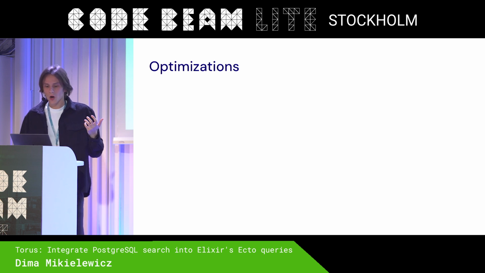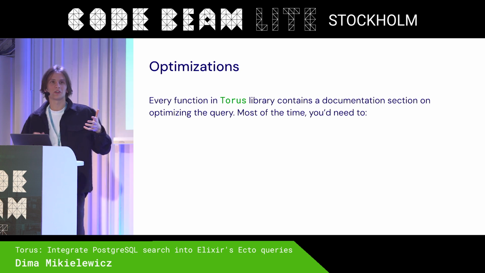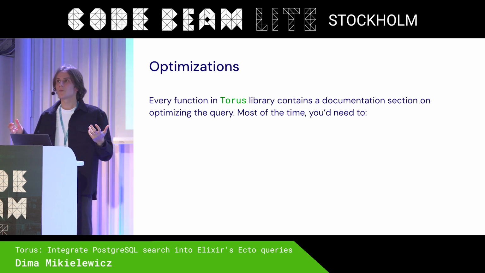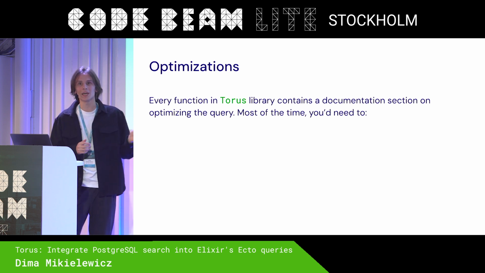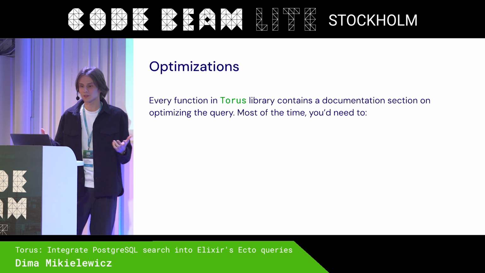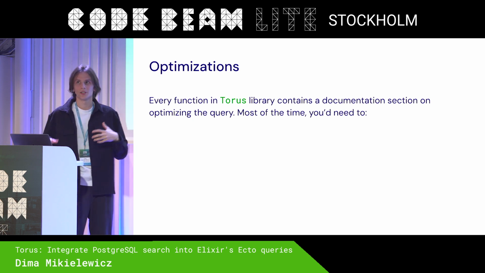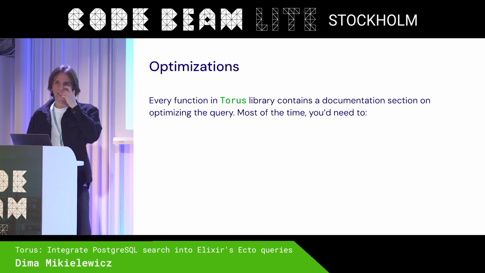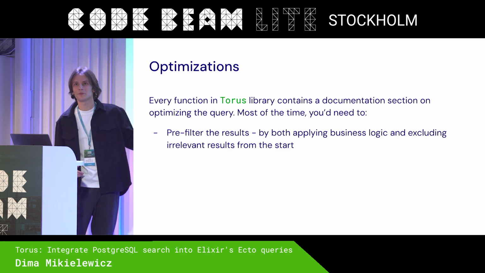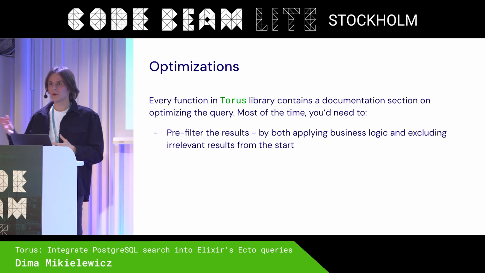And optimizations. I promised in the talk description to talk about how you can optimize the search, because you want it to be relevant, that's OK. You want it to be simple, that's done. But you want it to be fast, because nobody wants to wait for things to happen, right? And for your search to be fast, every function in the Torus Elixir library has a documentation section on how to optimize it.